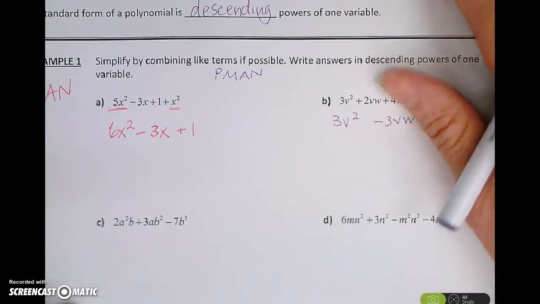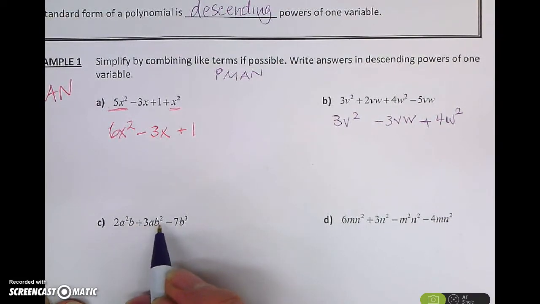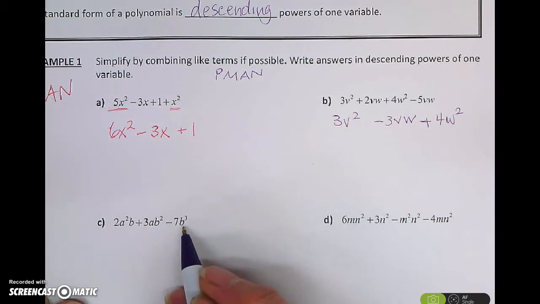All right, so example C, down here, we have a to the second b, and we have a b to the second. Now these kind of look the same, but they're not. This is a times b, and this one is a times b. So these are not the same products, and this is going to be b to the third power, so b times b times b.